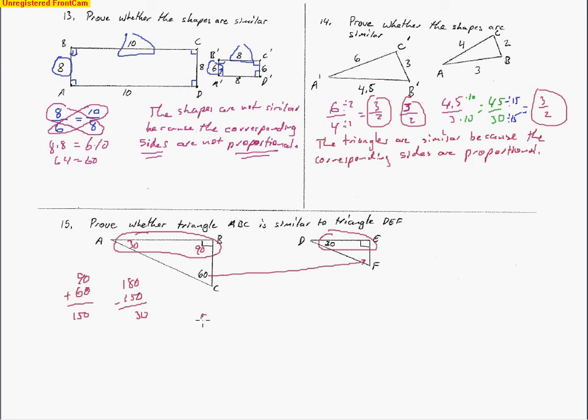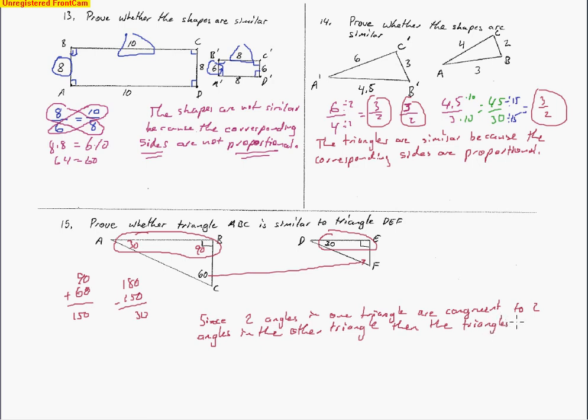We'll say, since two angles in this one triangle here are congruent to two angles in this other triangle, then the triangles are similar.